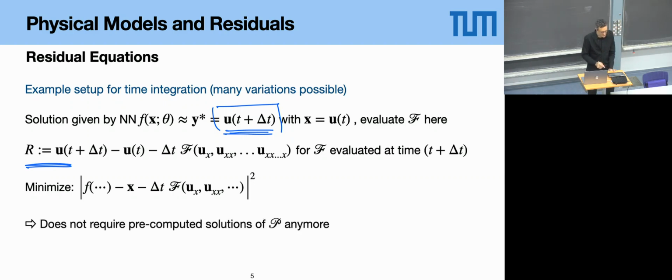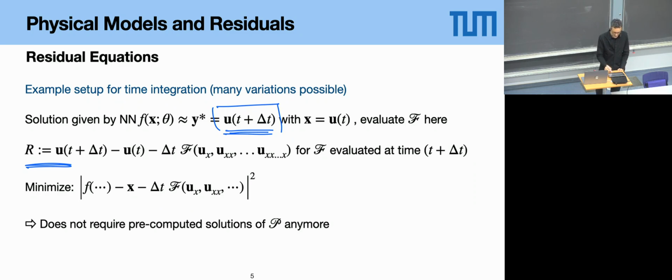A nice side effect of this is that we now don't have these y star anymore. We seemingly don't need any ground truth. That comes from the fact that we're computing the ground truth on the fly. We know that the ground truth for this residual is actually 0. That's trivial, we don't need to store it, but our learning target for these quantities throughout is 0.